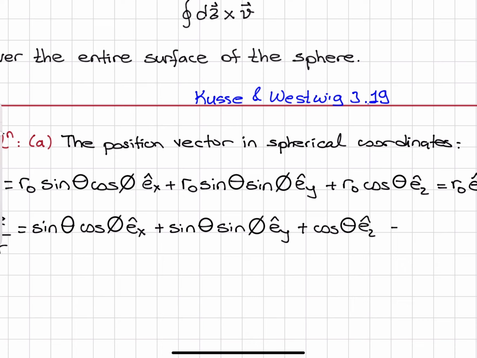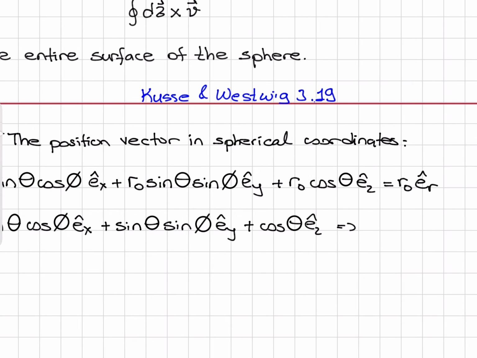If I look at the magnitude of this vector, this would be the square root of sine square theta cosine square phi plus sine square theta sine square phi. So in sine square theta parentheses, cosine square plus sine square phi is 1. And then I have cosine square theta. So the square root of sine square plus cosine square also gives me 1.